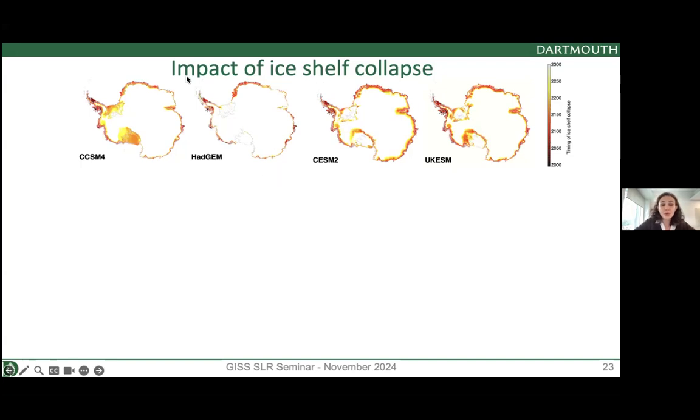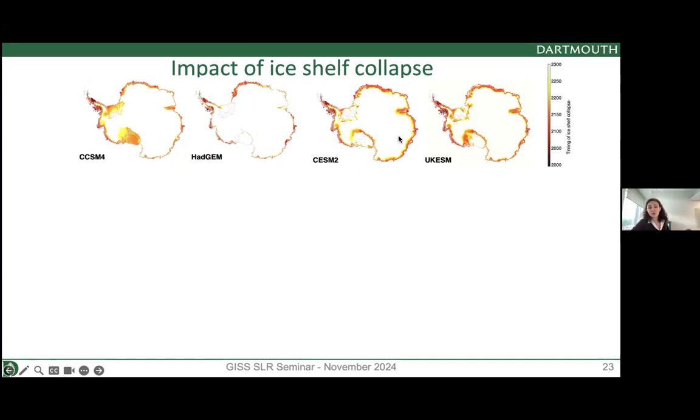And here we have 2 climate models from CMIP5, CCSM4 and HadGEM2, and they have a very different response. CCSM4 has large ice shelf collapse because there's a lot more liquid water at the surface of the ice shelf, while HadGEM simulates very limited ice shelf collapse.